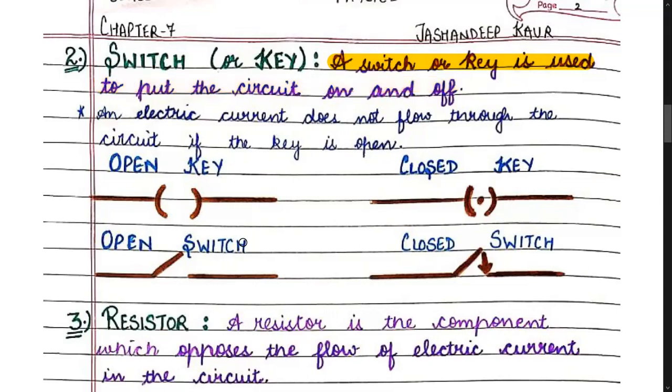Why so? It is because an electric current does not flow through the circuit if the key is open. So if the key or a switch is open, then the electric current will not flow in the circuit, and thus the components in the electric circuit will not work.